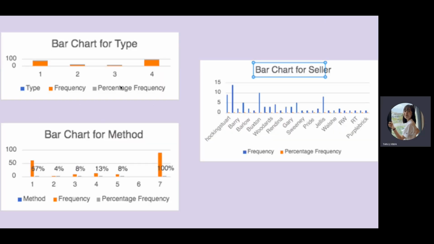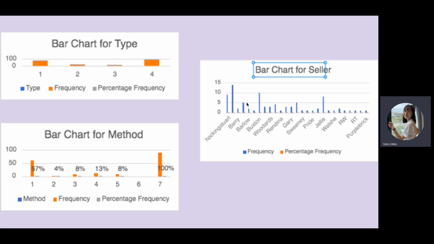These are three of the bar charts that are considered: the bar chart for type, the bar chart for the seller, and the bar chart for method. All three are for the Melbourne Houses. In these bar charts, everyone is able to see the frequency and also the percentage frequency of the findings.